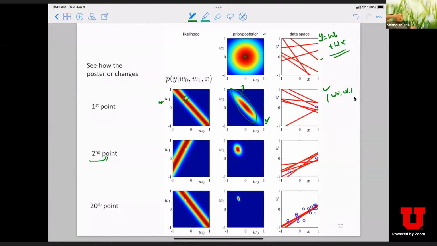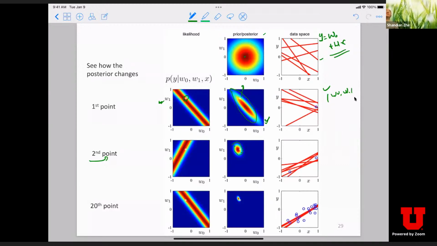It was an inclined ellipse. But now after you have two data points, your posterior distribution is further contracted. At the same time, your posterior mean is getting even closer to the ground truth.